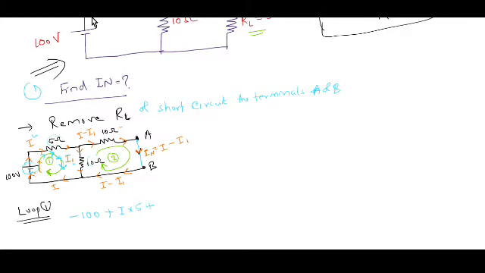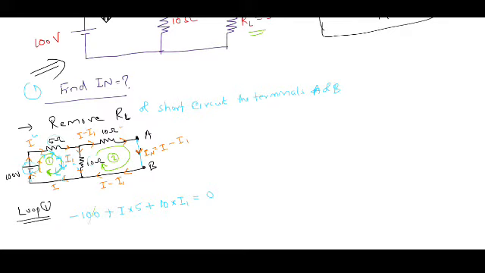Therefore, 10 into I1 is positive. Then we reach here. On this path, there is no other resistance. Therefore, the right hand side is equal to 0.